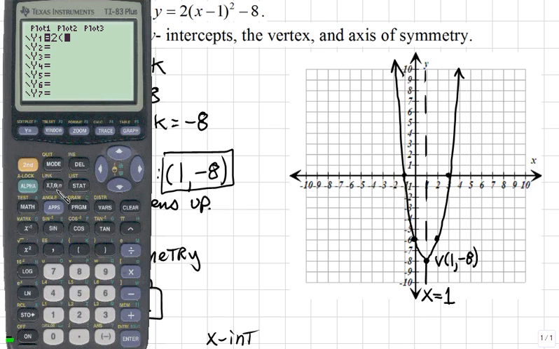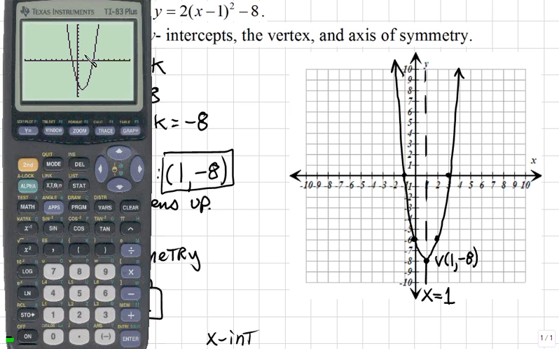To produce an x, we'll hit the X,T,theta,n button, minus 1 parenthesis. For squared, we'll hit the squared key on the left, and then minus 8. To produce the graph, we'll hit the far right upper Graph button. And we see that we have the same parabola that we've graphed on the right.